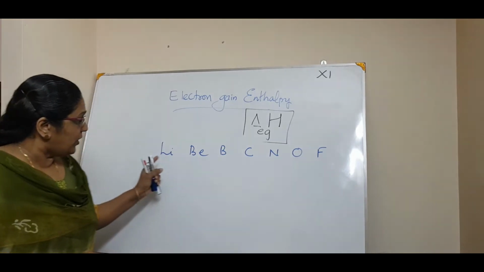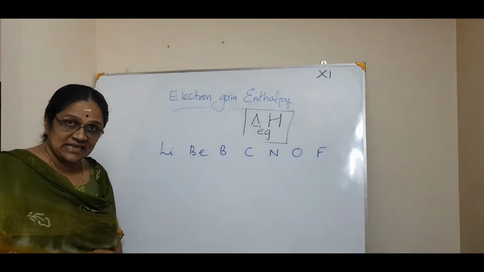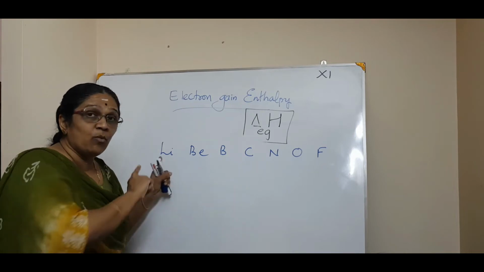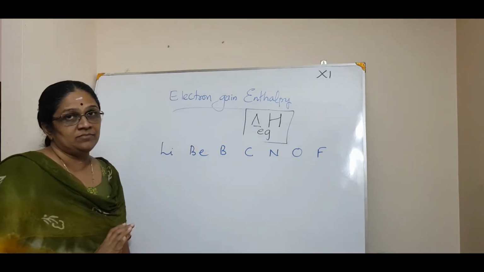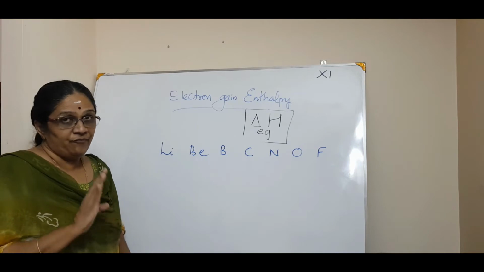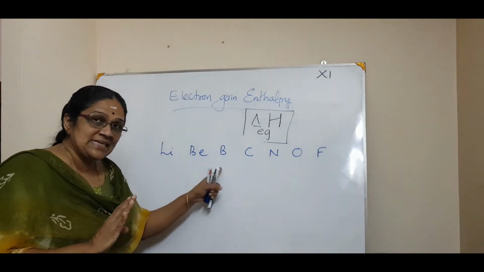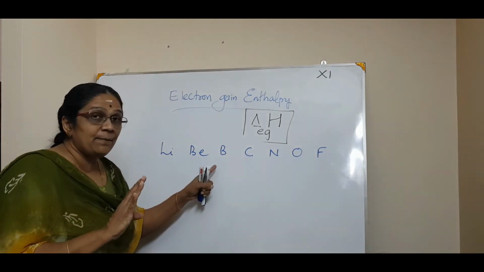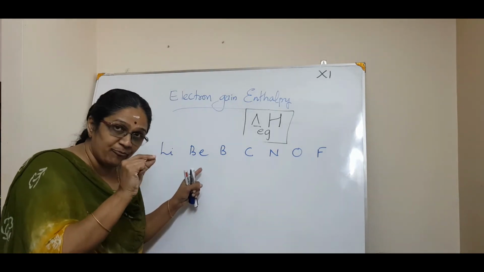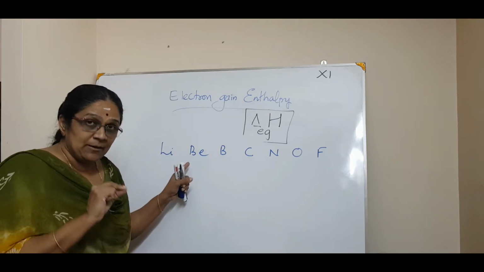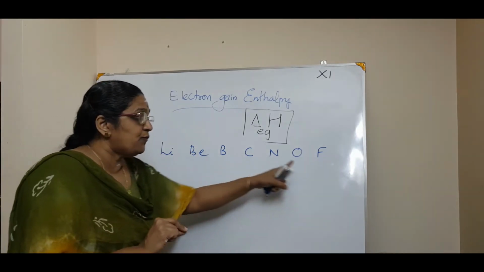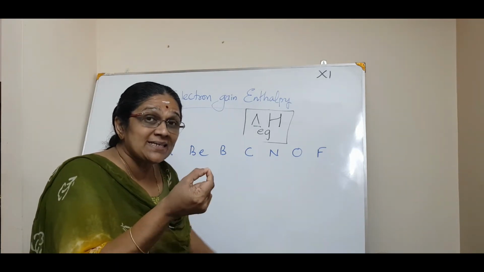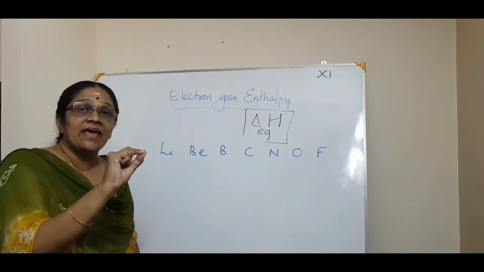Now tell me, when you go from left to right in a periodic table, if I say the electron gain enthalpy will become more and more negative, what does that mean? It means from lithium to fluorine, the fluorine will have a high tendency to accept an electron to form the F minus ion.